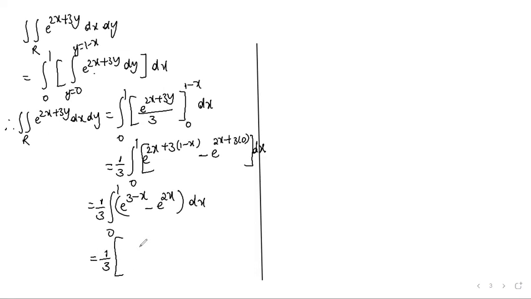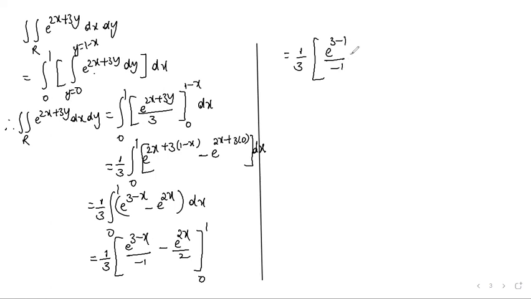Now integrating with respect to x, with limits 0 to 1. The integral of e^(3-x) is e^(3-x) divided by -1, minus e^(2x) divided by 2, upper limit minus lower limit.